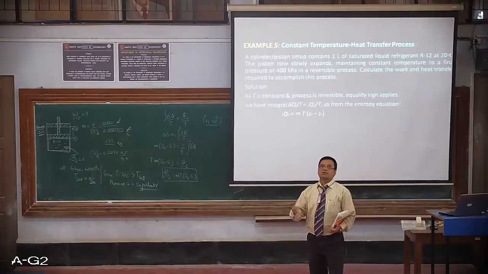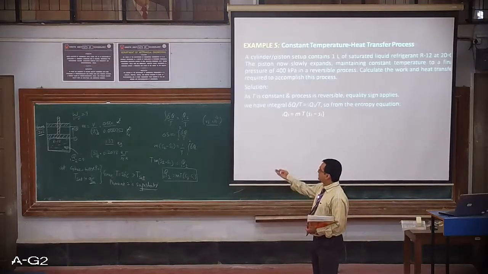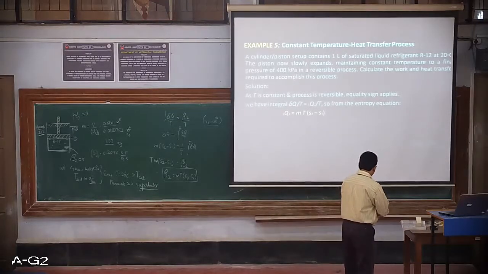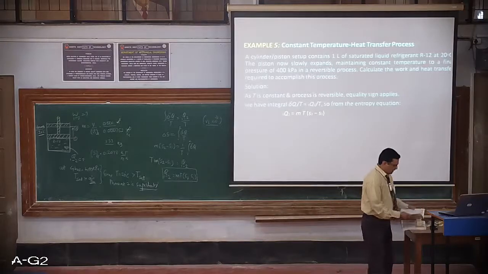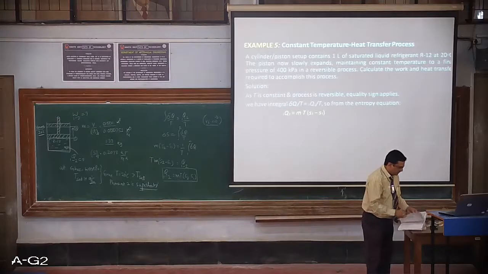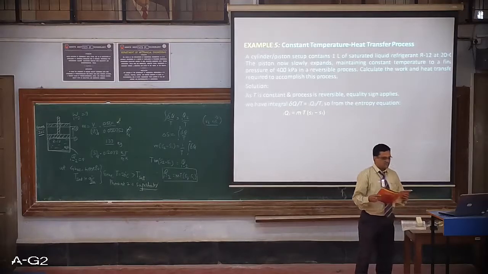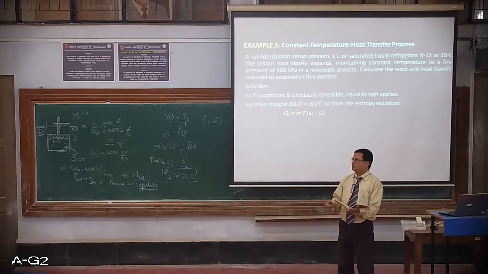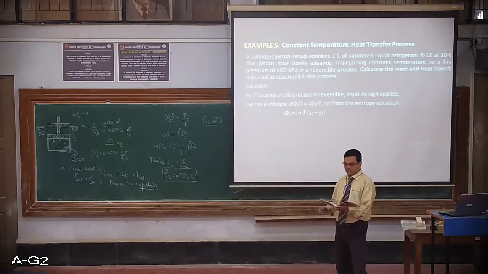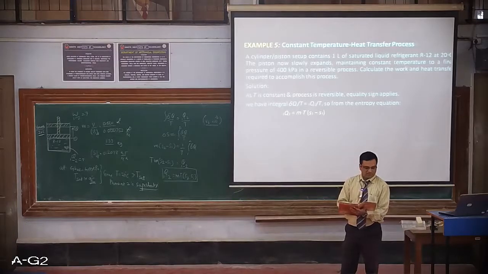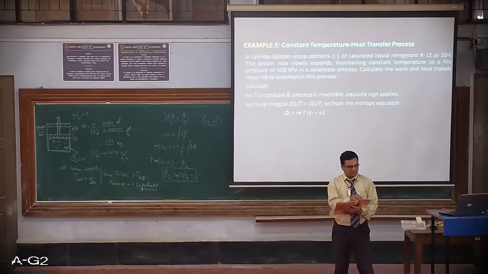During this, he has asked what the amount of heat transfer is, and, as the piston expands, what the amount of work done is. So now our objective is to find the value of S2 by going to the superheated table. Very next to the R12 saturated tables, on page number 36, you have the properties of superheated values. You need to go to the pressure of 400 kilopascal or 4 bar, which is given on page number 38.